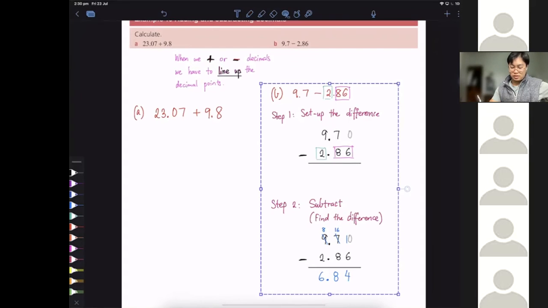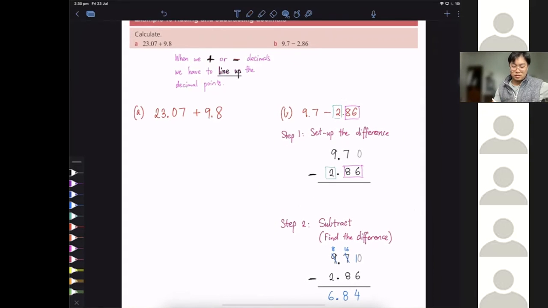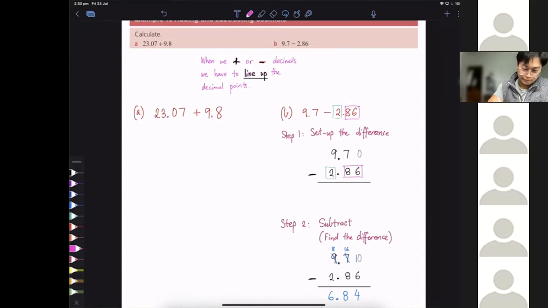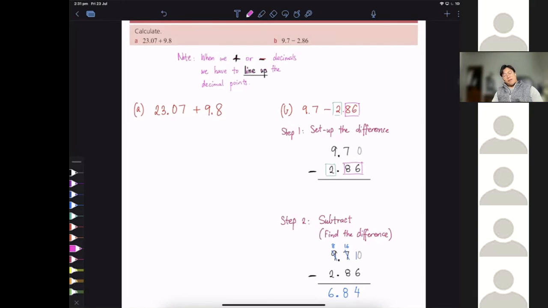There's the question there. Just type the answer into the chat once you're done, please. And once we have about 4 or 5 people done, I'll go through the answer here.